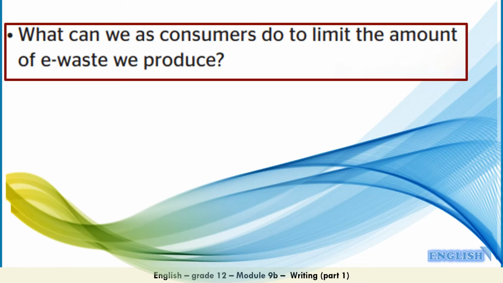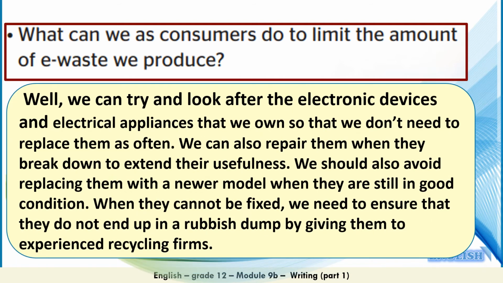Question 3. What can we as consumers do to limit the amount of e-waste we produce? Try to think for some time and we answer together. Good. Well, we can try and look after the electronic devices and electrical appliances that we own so that we don't need to replace them as often.